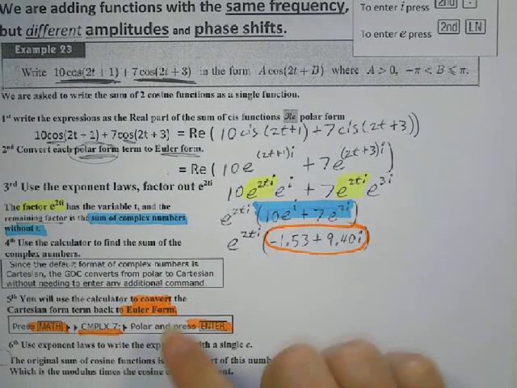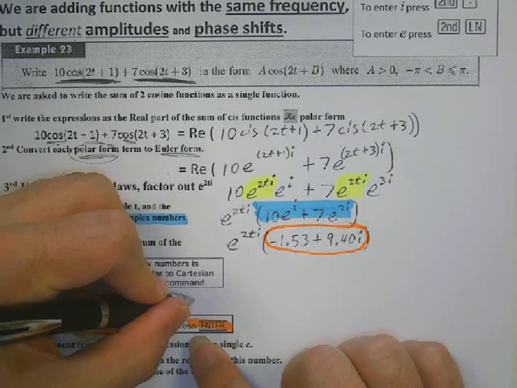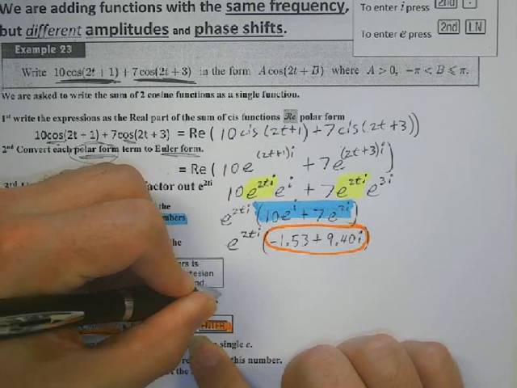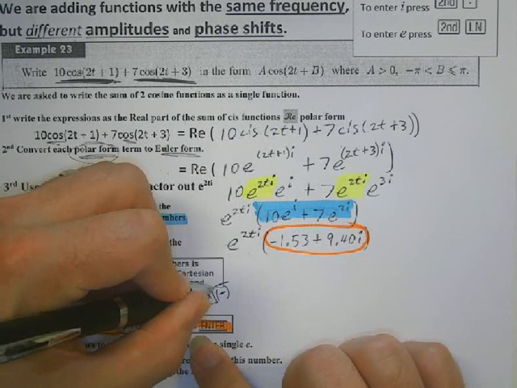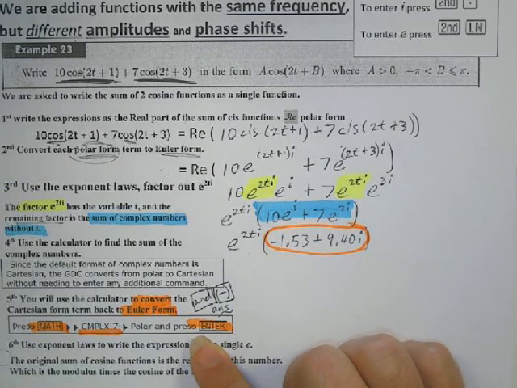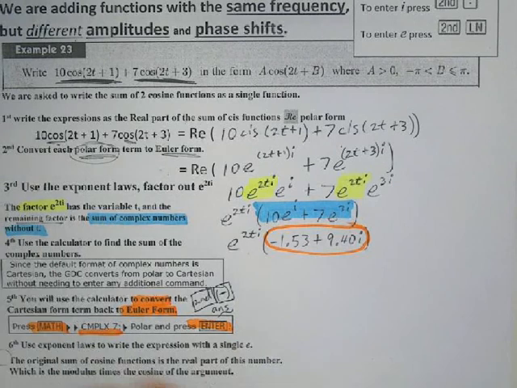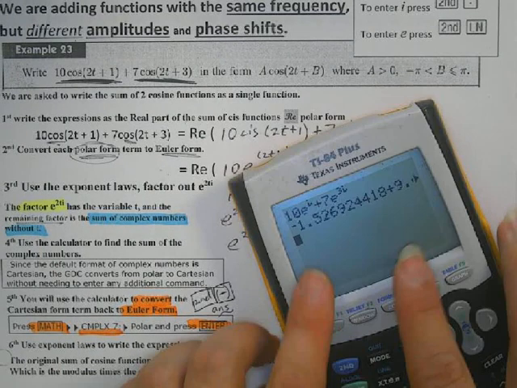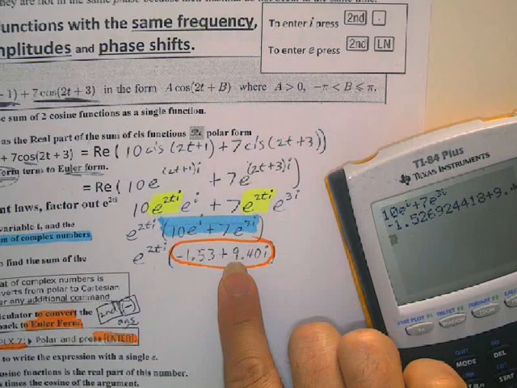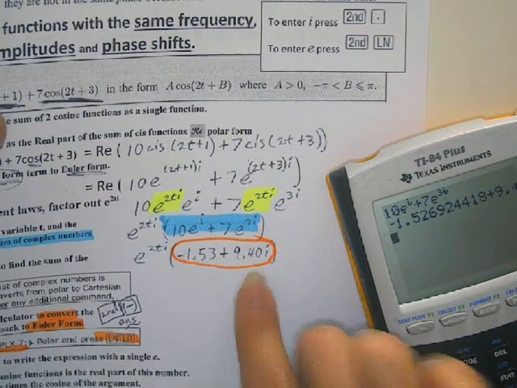Before I do that, I have to hit second and the button with the parentheses negative symbol to get my answer. Okay, so I've got my answer, the negative 1.539.4i. Right, that's right here.